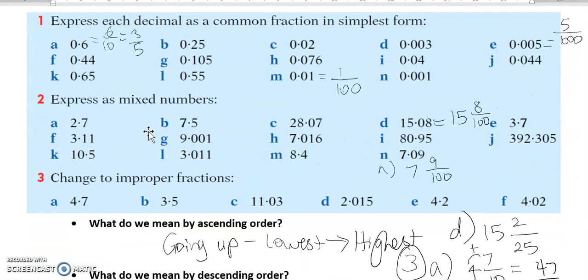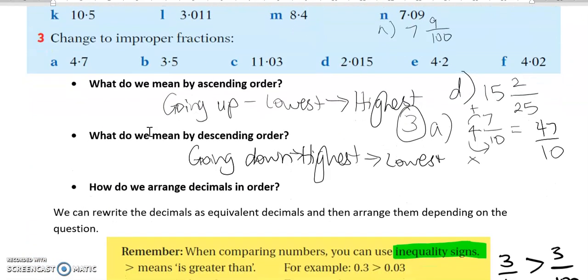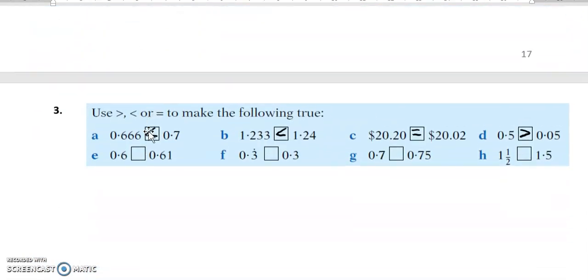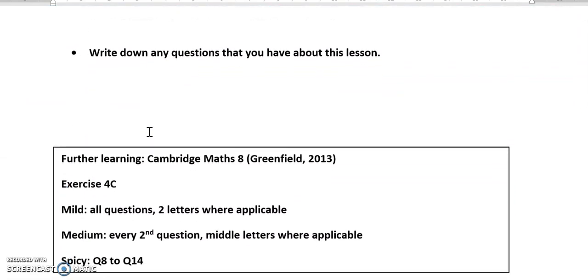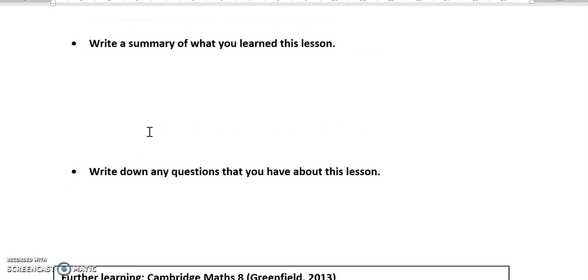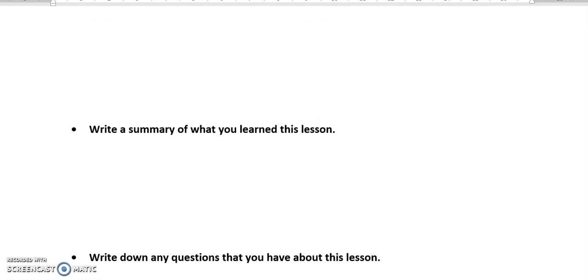And so after you've tried a few more questions from the booklet that we skipped over, you don't have to do all of them, but do a few, then make a summary for yourself and then have a go at 4C. So some of your summary points might include things like place value. We need to know about place value. You might write things like, we need to know about expanded notation.